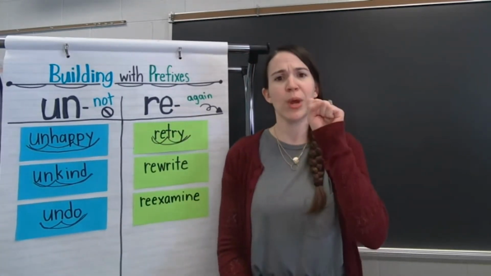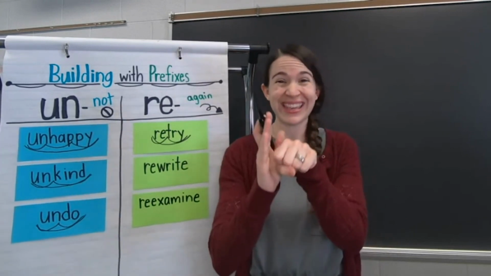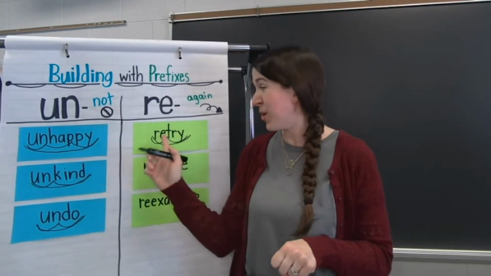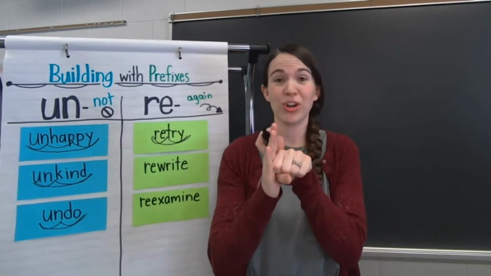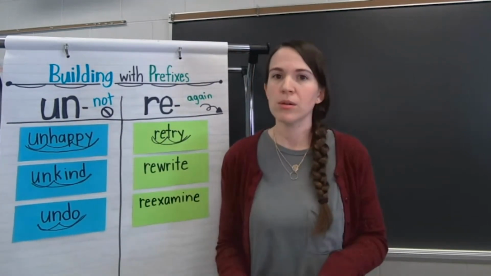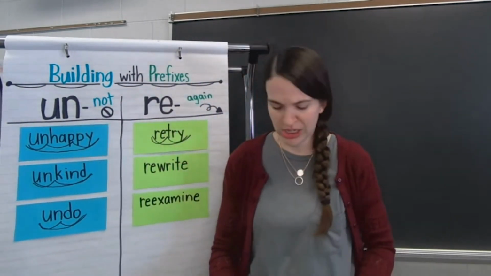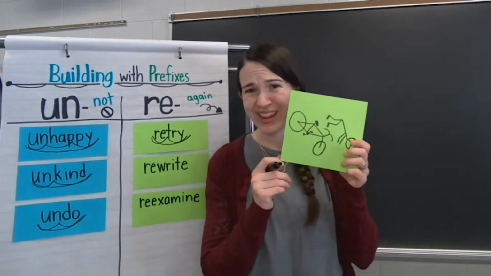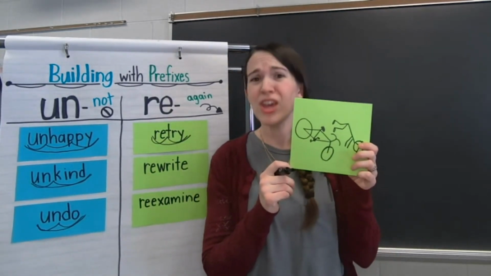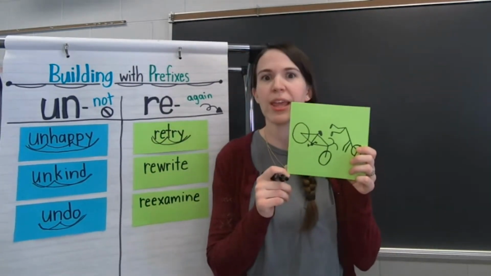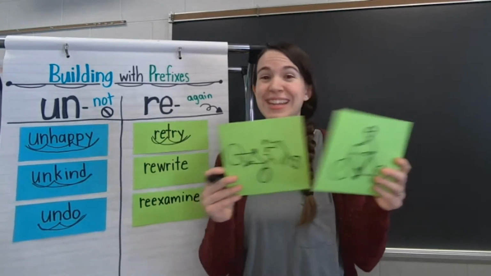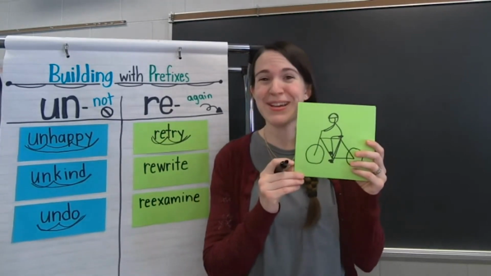Retry means to try again because re is attached to the word try. You might need to retry something really challenging like riding a bike. It can be really hard. So you might need to retry and retry and retry until you can do it the right way.